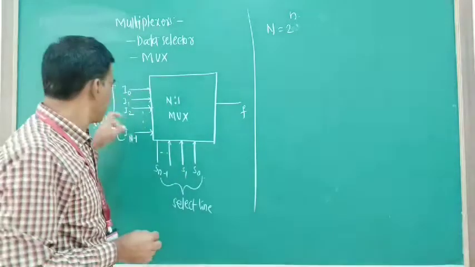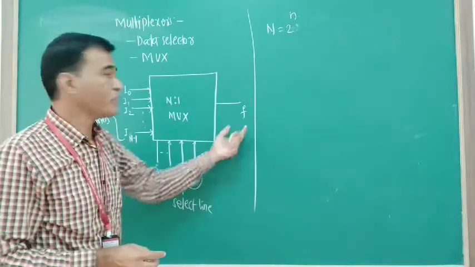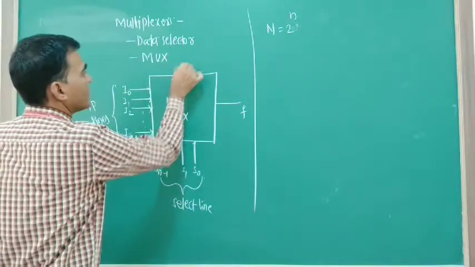Apart from these input lines, select lines and output, it has one more input, which is the enable.